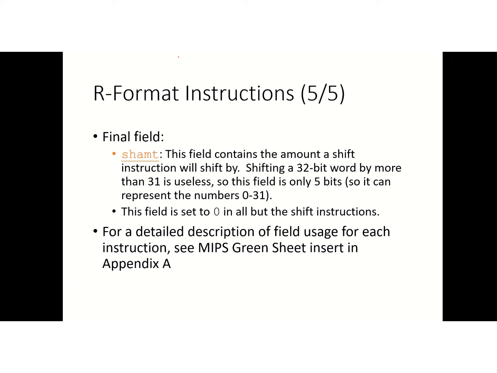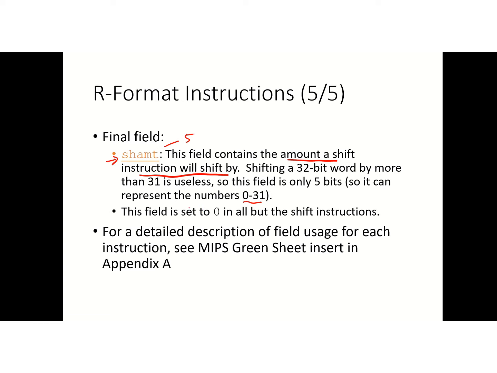And then lastly, the field shift amount, or shamt, contains the amount a shift instruction will shift by. Since the shift amount is 5 bits, the shift command can shift the bits by 0 to 31 bits.